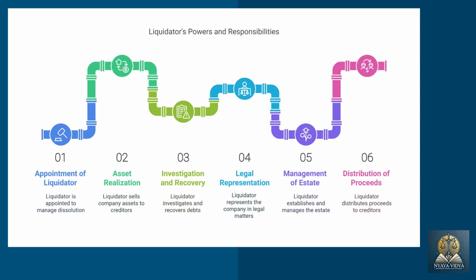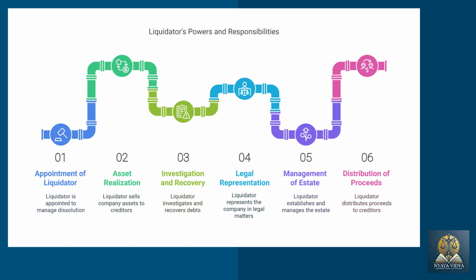And the final thing is distribution of proceeds. The liquidator decides the order in which creditors are paid following the company's act. Once he has received all the money or all the property assets, he can start distributing payments to the creditors.